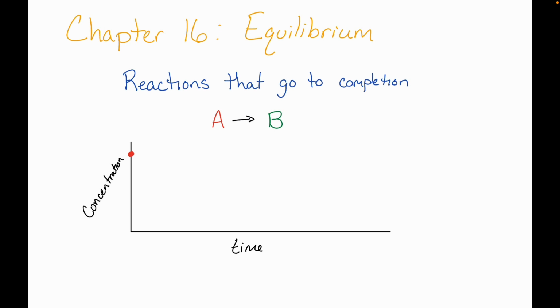And how much B would I have at the very beginning of this reaction? None, right? Okay? And if this reaction goes 100% to completion, that means that over the course of time, every single bit of A gets consumed. And all of that A is then converted into the product B.